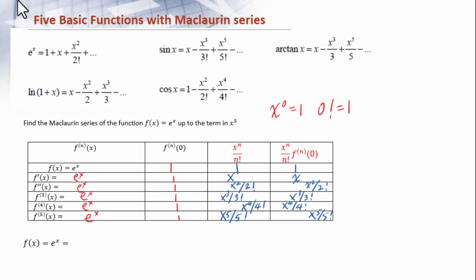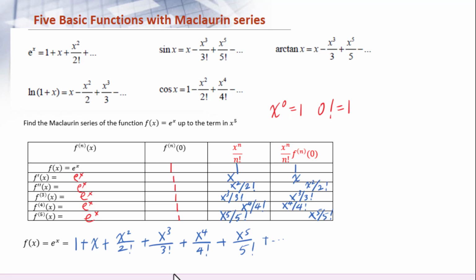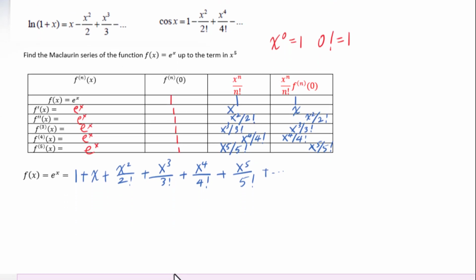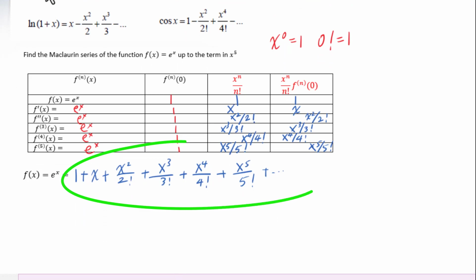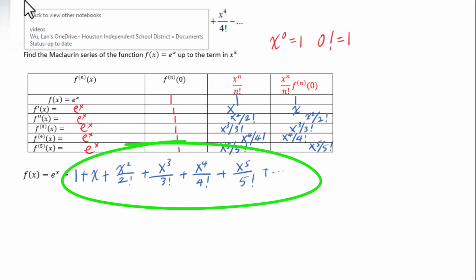Then we get f of x equals e to the x power equals 1 plus x plus x squared over 2 factorial plus x third power over 3 factorial plus x to the fourth power over 4 factorial plus x to the fifth power over 5 factorial. Keep going.